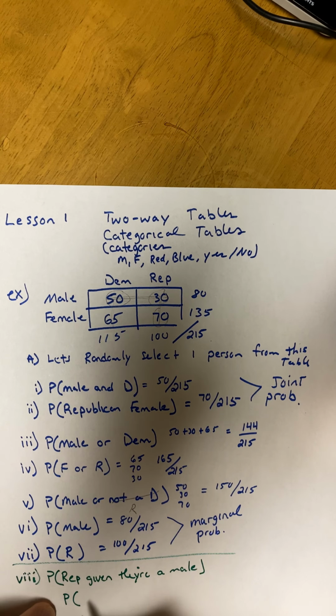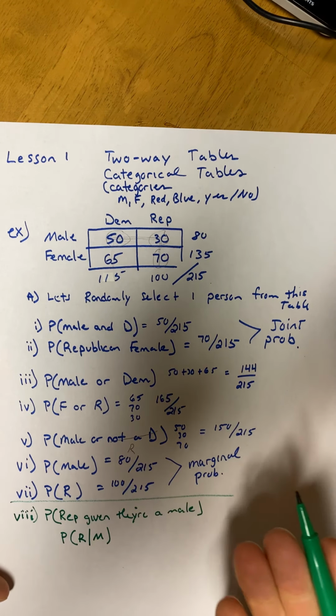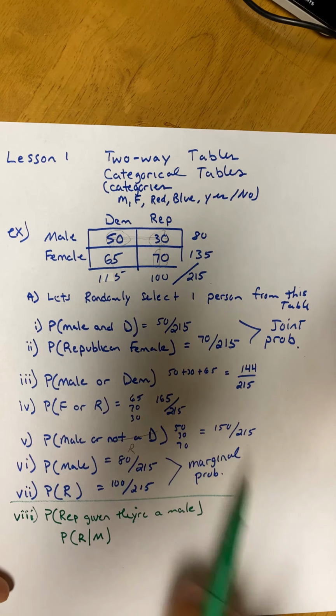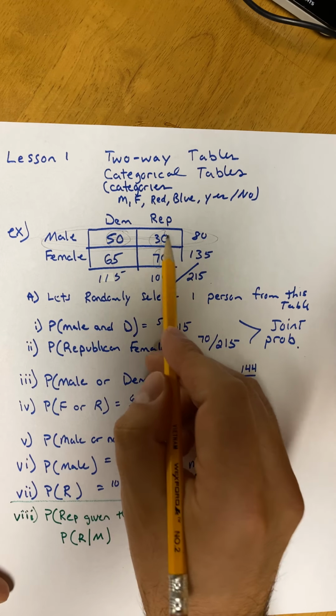This could also be expressed like this: Republican given male. So given that you're a male, how many males do I have? 80. What's the chance I'm a Republican? 30 out of 80.